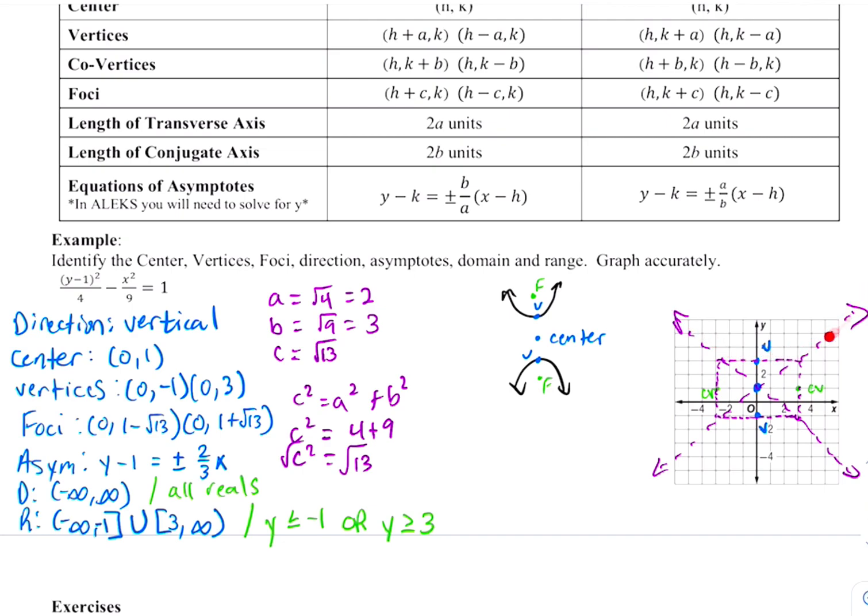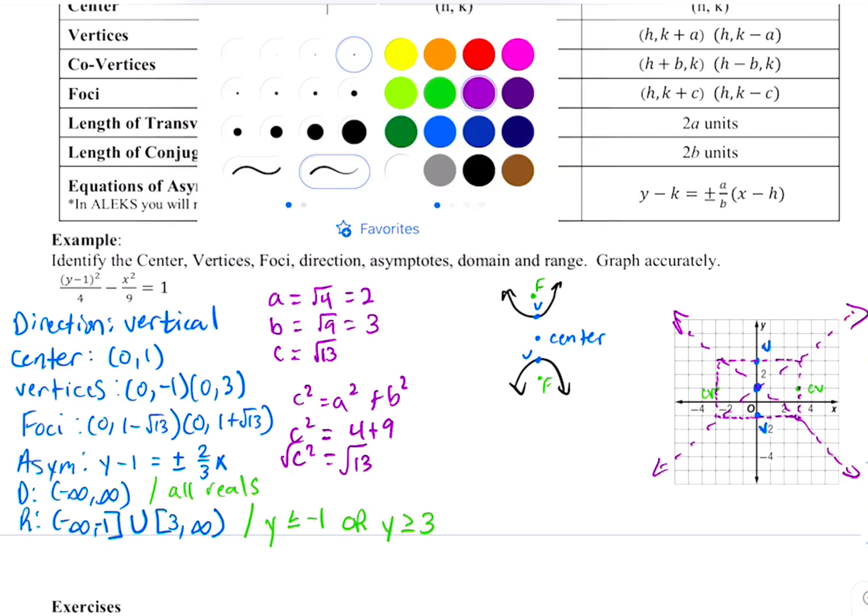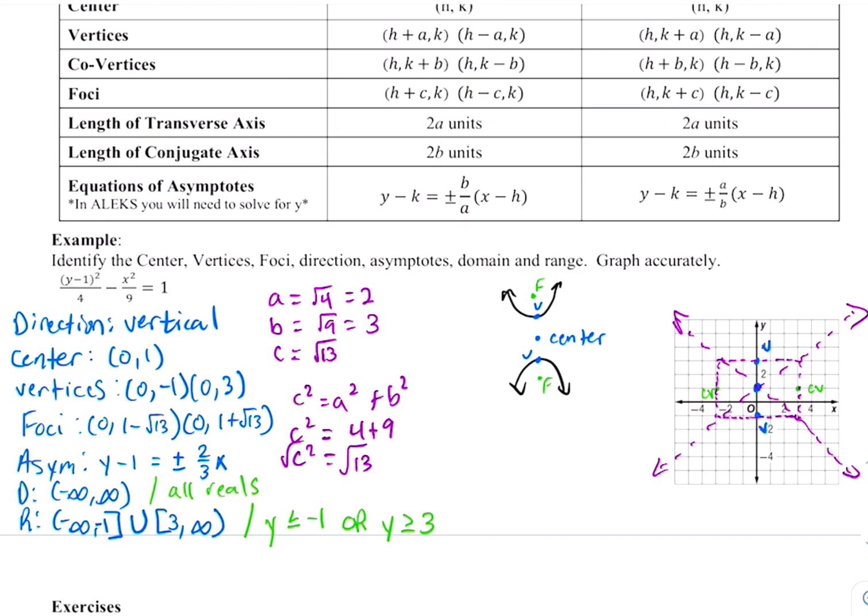But remember, it can't touch or cross over this line. So it's going to look something like this. So the black part is the actual hyperbola. Okay. And we'll do more practice of these in the next videos.